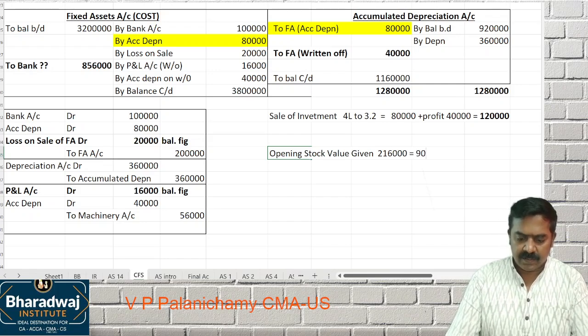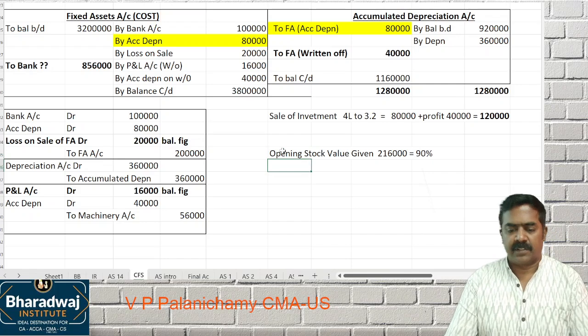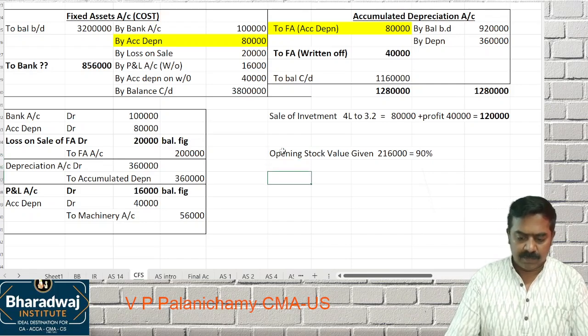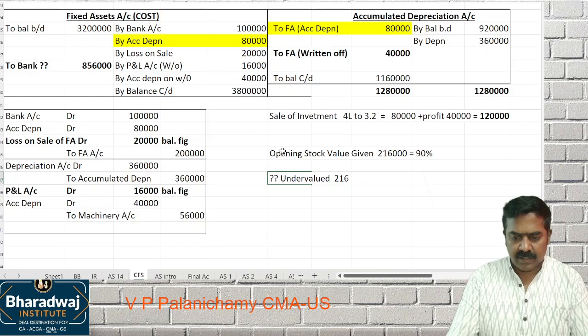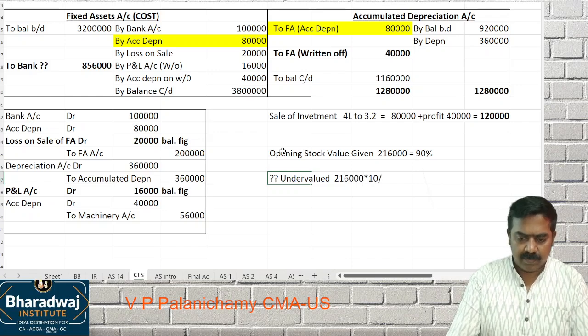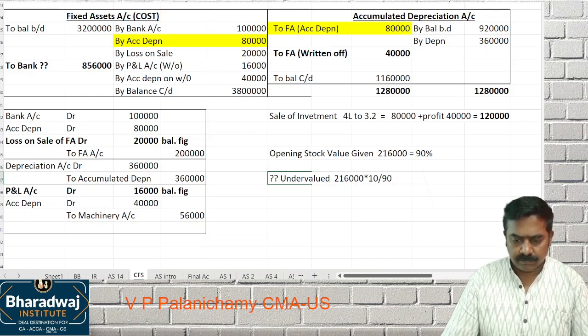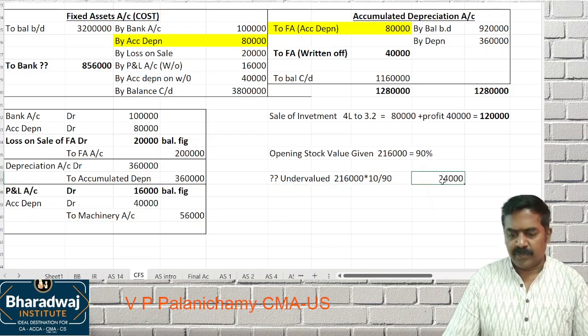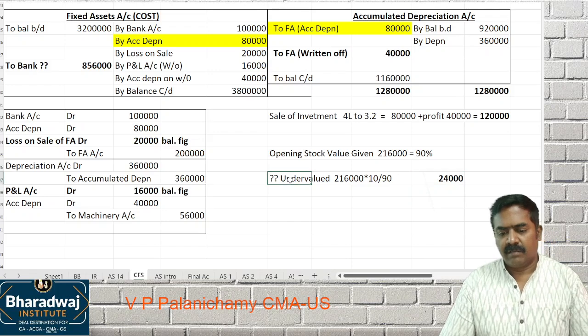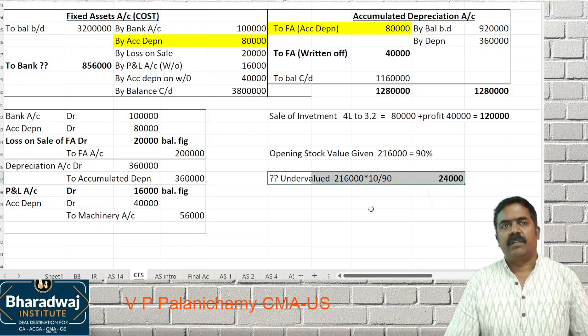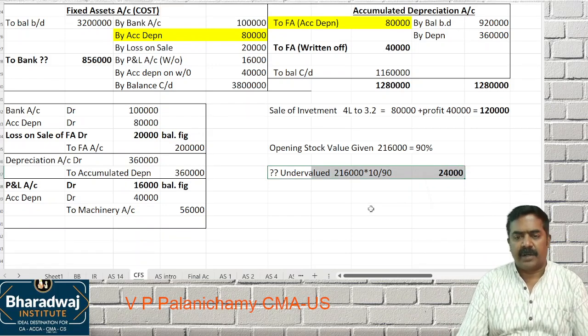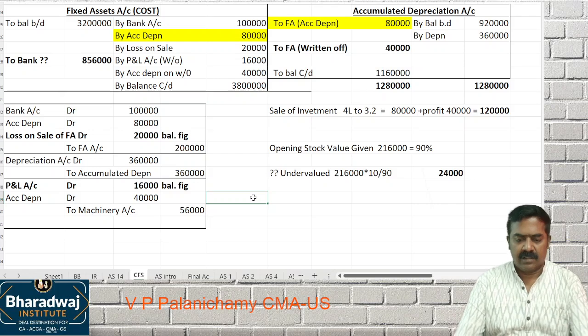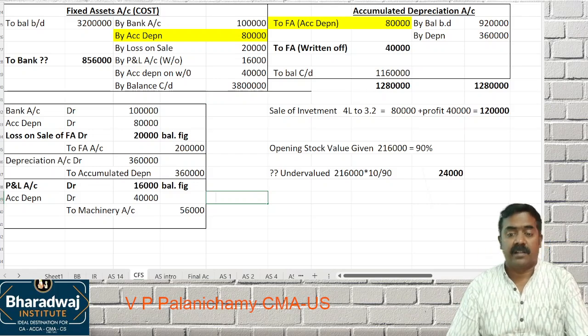Undervalued by 10%. So how much undervalued? 2 lakh 16,000 into 10 by 90, how much? 24,000 undervalued. What is the impact of undervaluation of opening stock? Your net profit would have been understated or overstated.